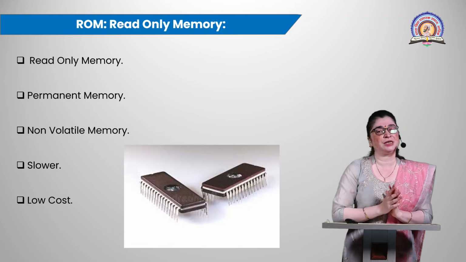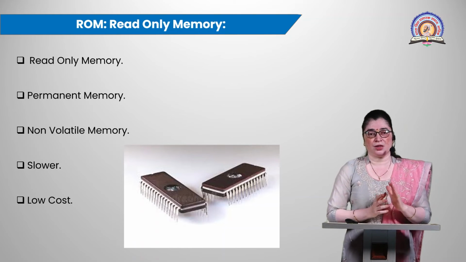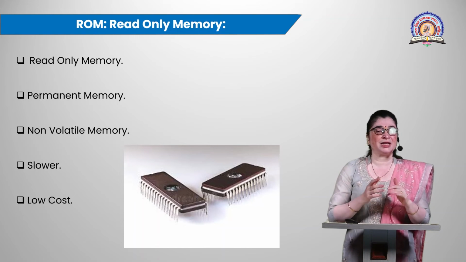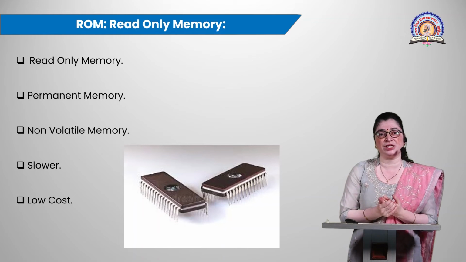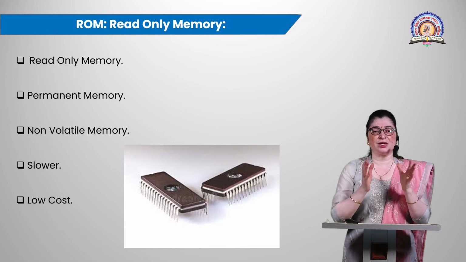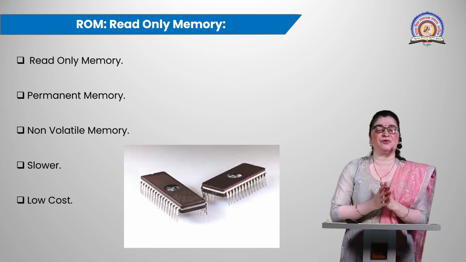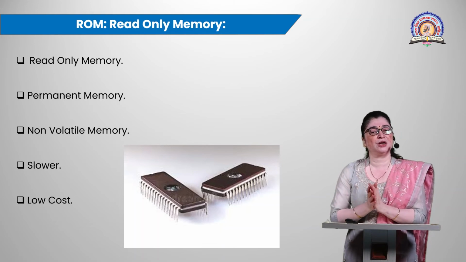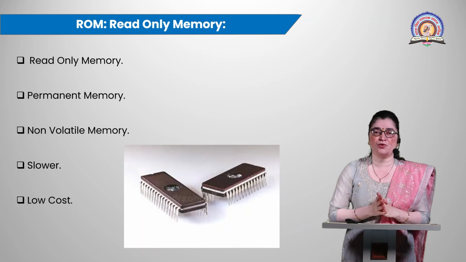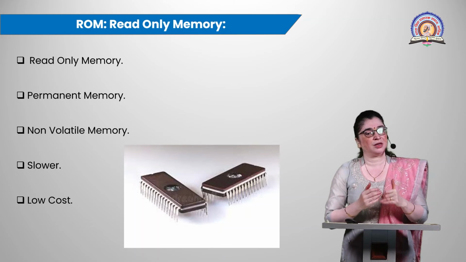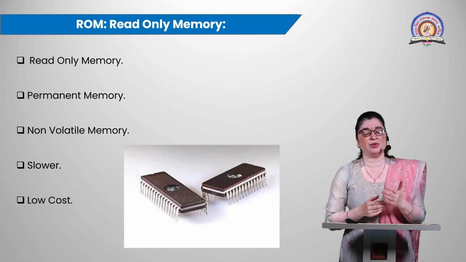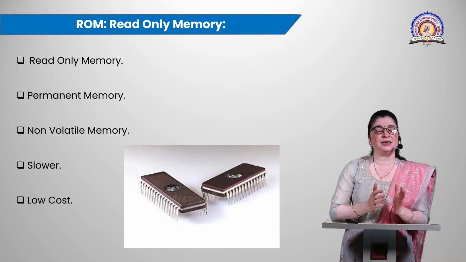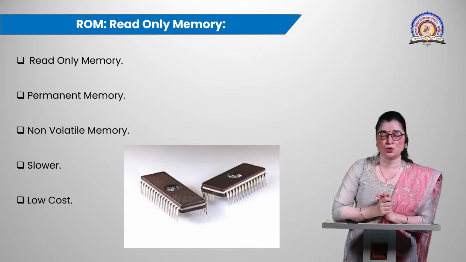So it is permanent memory, as the user is not allowed to make changes. Whatever data is stored on the ROM remains as it is. So it is a permanent memory or non-volatile memory. The cost is minimum or less costly, and the speed of execution is also slow.